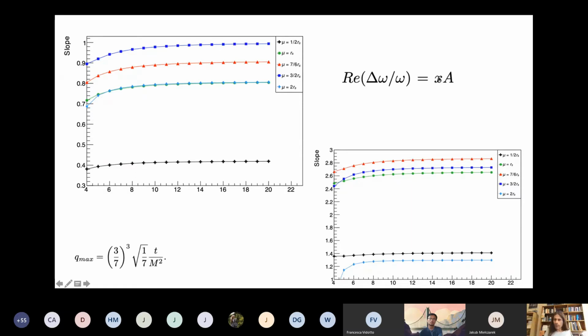And this slope, to some extent, is plotted here as a function of L for different values of mu and for a fixed sigma. So what this basically means is that you can use those results for your preferred model of toy quantum gravity and just investigate how much and in which directions the quasi-normal modes will be displaced.